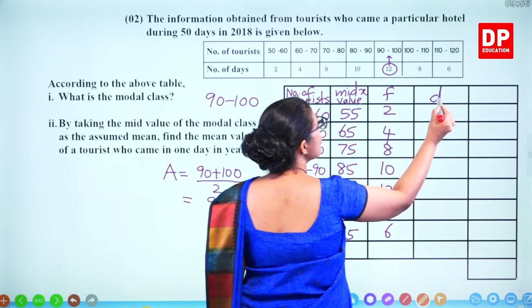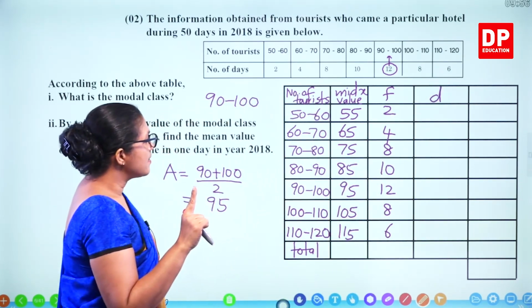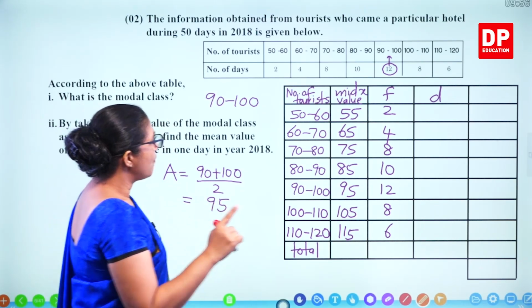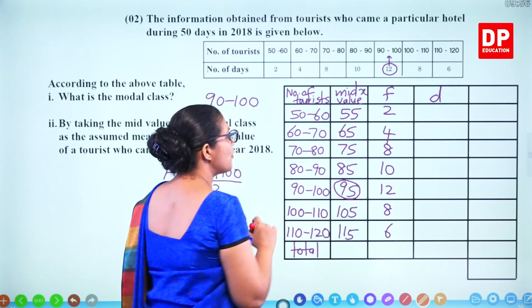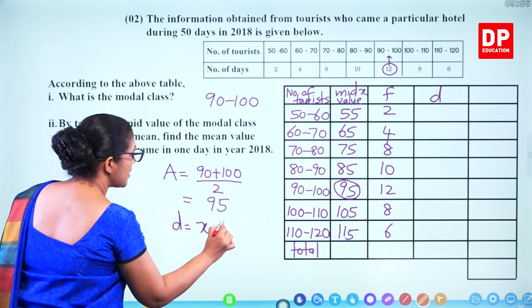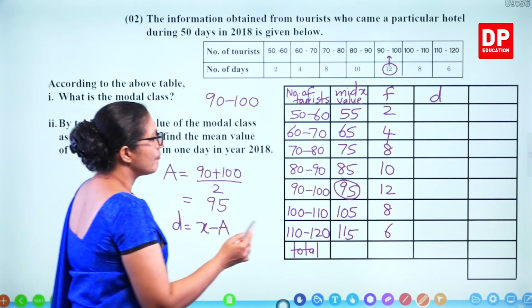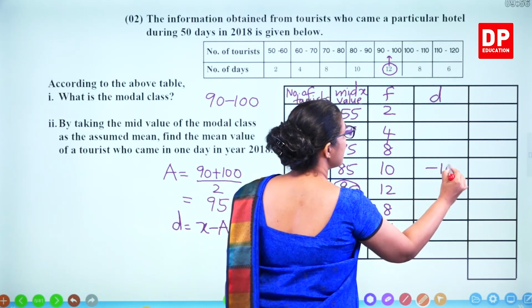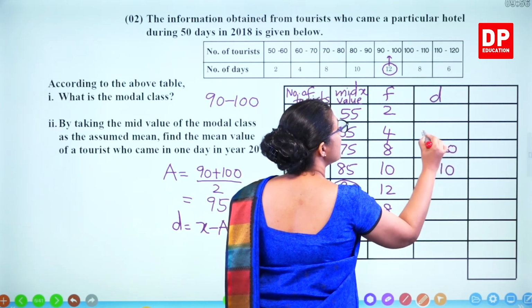Now deviation. We can take the assumed mean as this 95, this one. So subtract. So we can write deviation is x minus a. 85 minus 95 is minus 10. So each one here increases by 10.